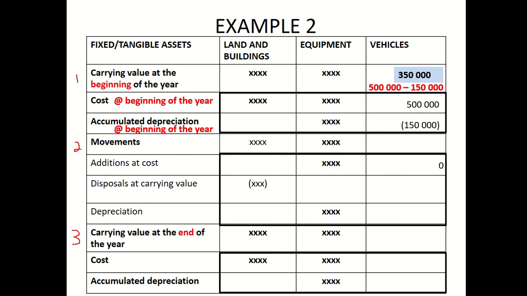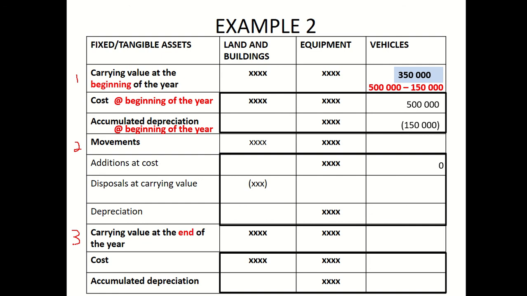However, here we only focus on the carrying value of the asset sold. Question is, how do we calculate carrying value of the asset sold? Remember what carrying value is. What is carrying value? Cost price minus accumulated depreciation.